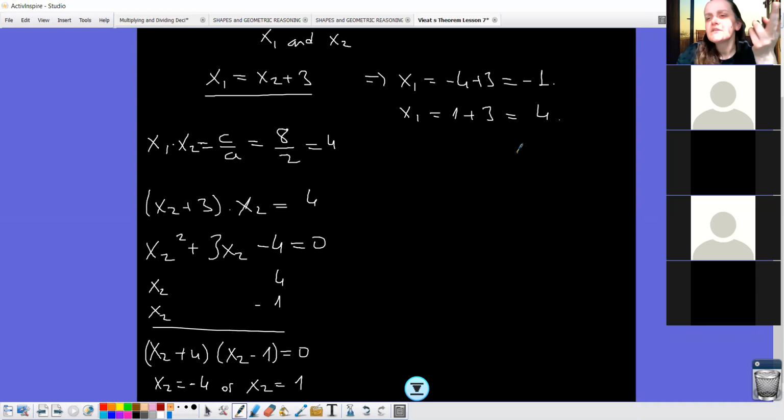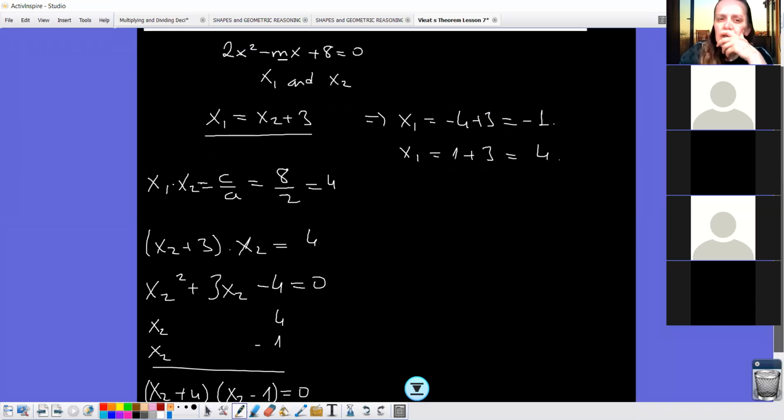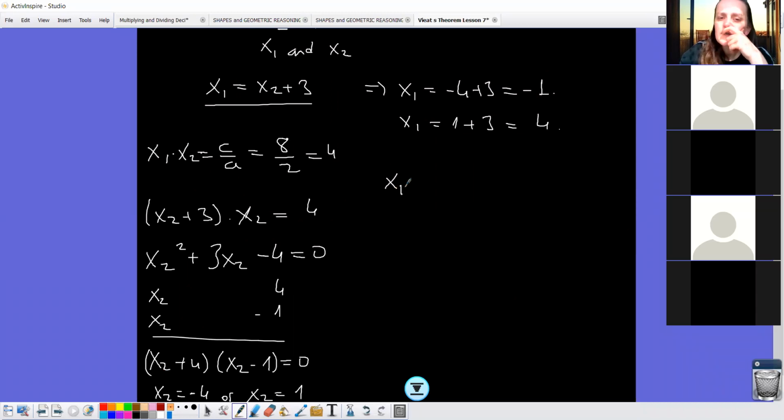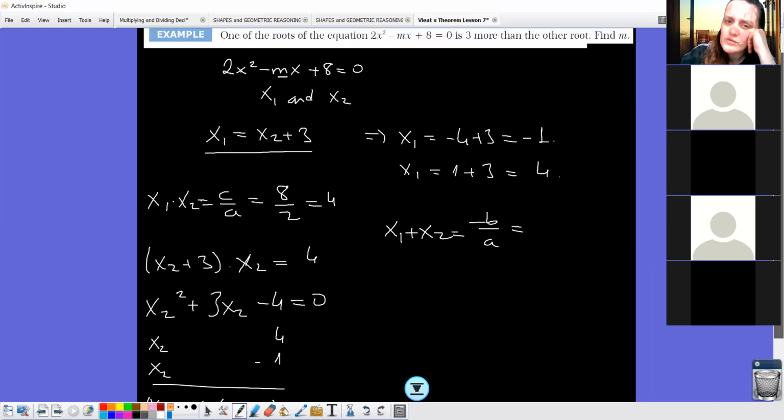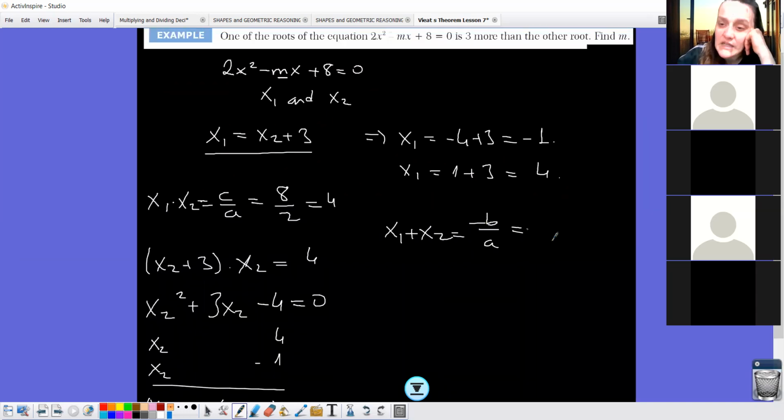We have two different pairs. Now, x1 plus x2, again from Vieta's theorem, we have minus b over a. What is our b here? Minus m. Minus times minus will be plus, so you will have m over 2.